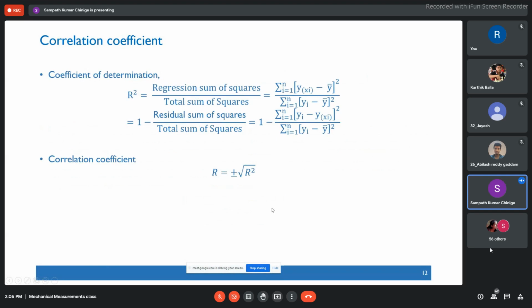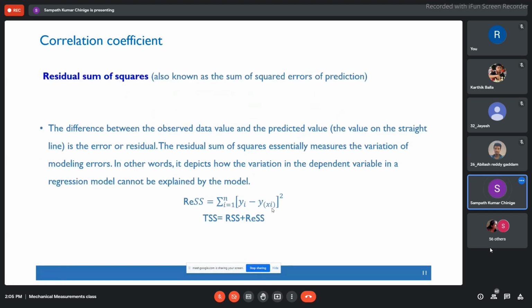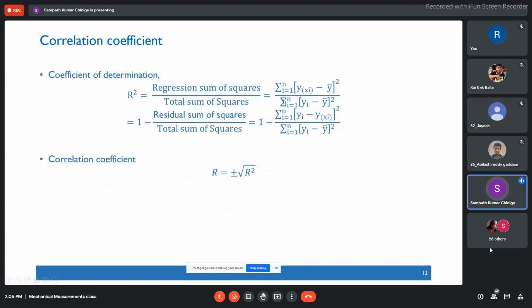So therefore, from these three things, it is defined that the coefficient of determination or R square is nothing but regression sum of squares, which is nothing but this value, that is from the actual data to the data obtained from the expression, the square sum will give you the regression sum of squares, which is nothing but sigma i equal to 1 yxi minus y bar square, by total sum of squares.